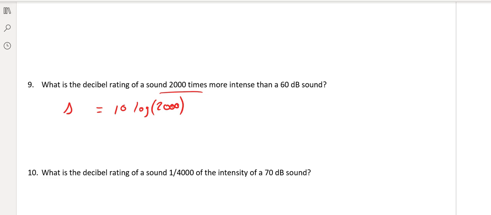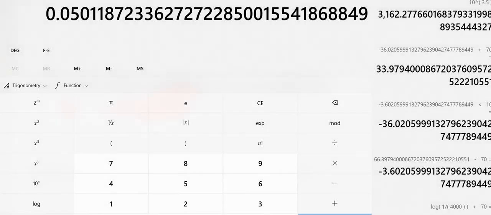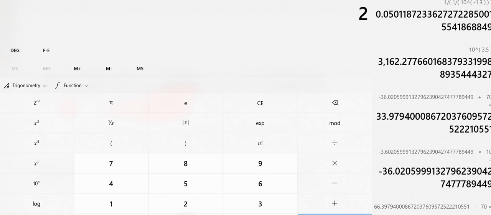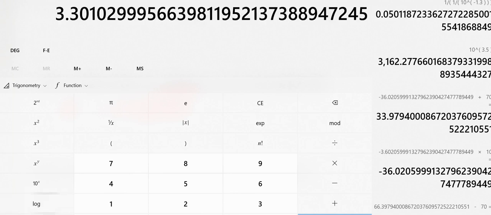So what we want to do is take the log of 2,000. So let's clear this. We're going to take 2,000, and this button over here on the left is the log button. If you take the log of 2,000, well, log of 1,000 would be 3, so this is going to be bigger than 3. And it's going to be 3.3.